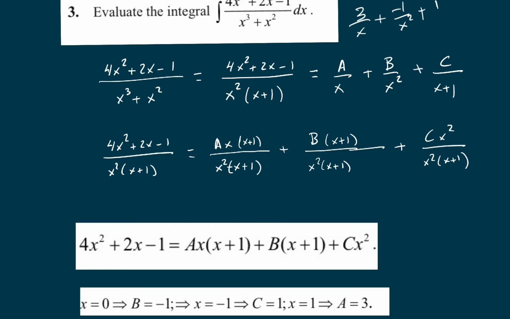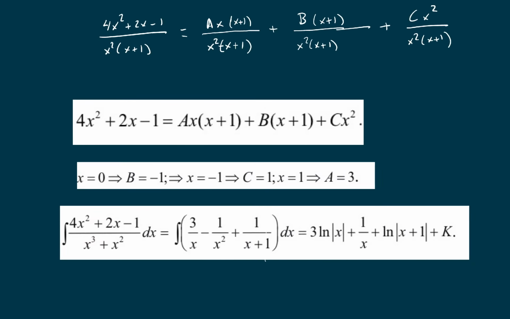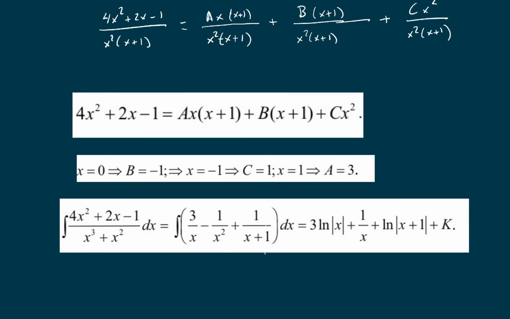C is 1, plus 1 divided by x plus 1. And now the integral of minus x squared is right away. The integral of 3 divided by x is a natural log. And the integral of 1 divided by x plus 1 is a natural log of x plus 1. So the result is here, and this is the solution.